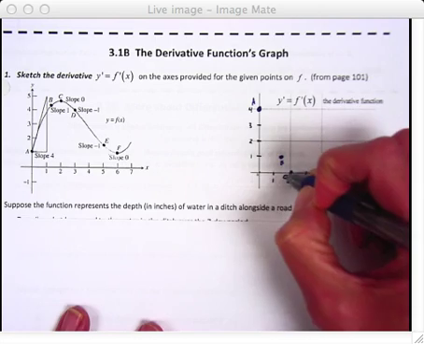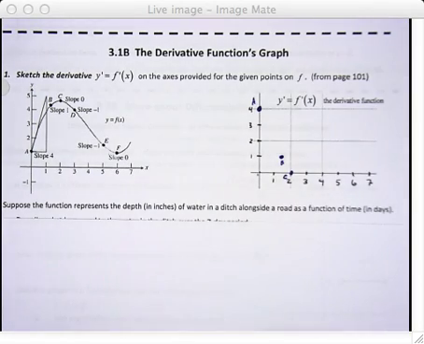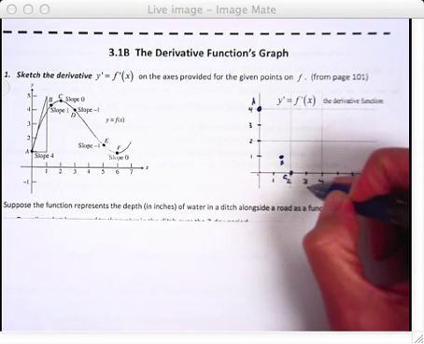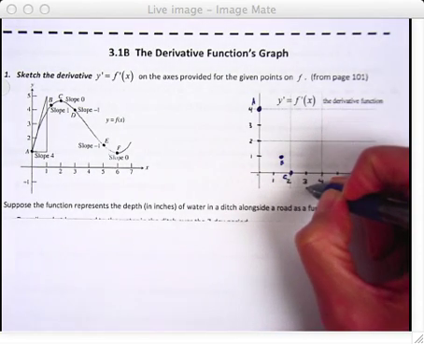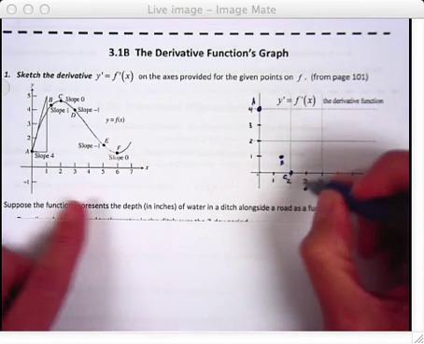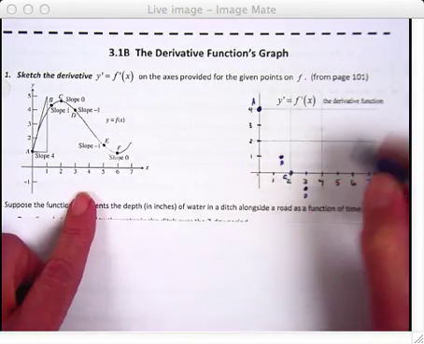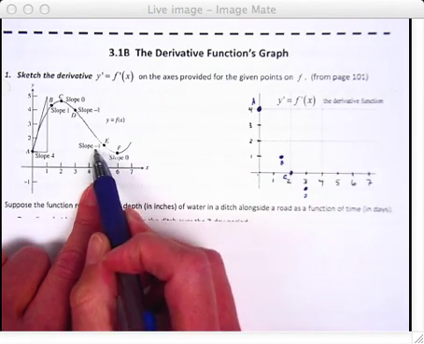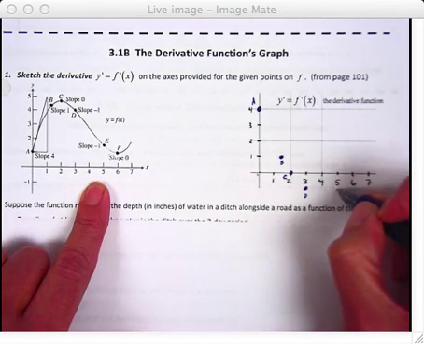So there's C. And the next one is at x equal to 3. The slope is -1. So that's going to go down here. And the next one, that's D. And the next one is at x equals 5. The slope is a -1. So that's here.